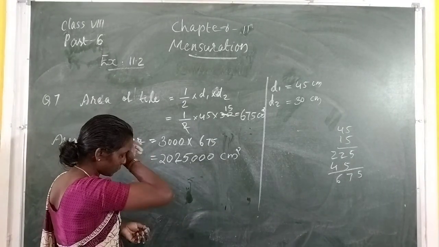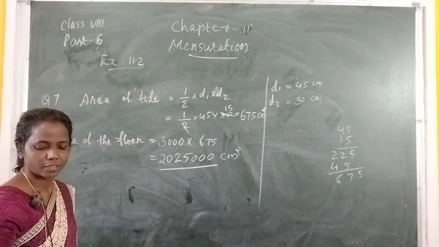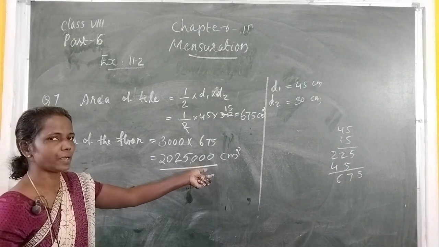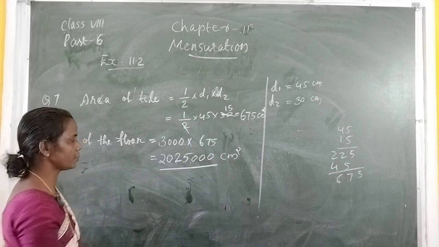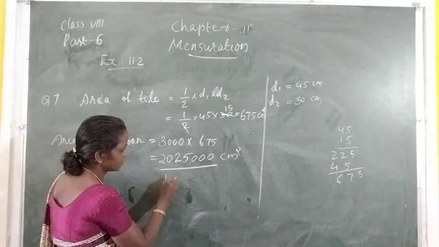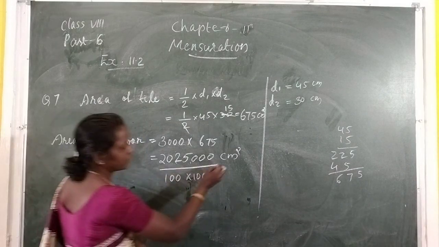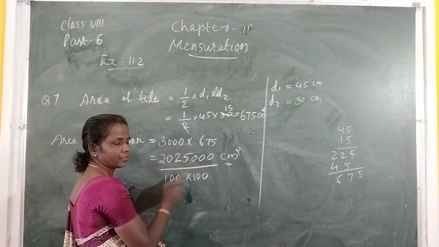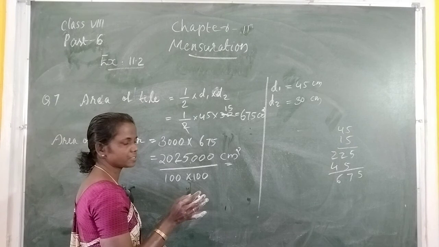Now we convert this centimeter square into meter square. To convert centimeter into meter, divide by 100. So centimeter square is divided by 100 into 100, that is 10,000. 10,000 has how many zeros? 4 zeros.